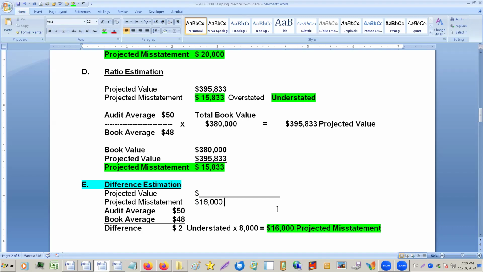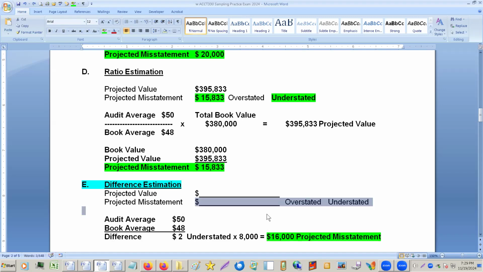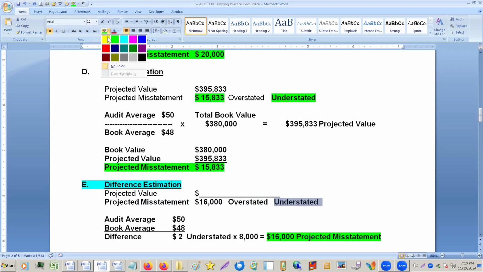What did I do? I didn't mean to do all these. Hold on, one more time. Okay, so 16,000. All right, and these are all understated. Okay, so what would our projected value be?